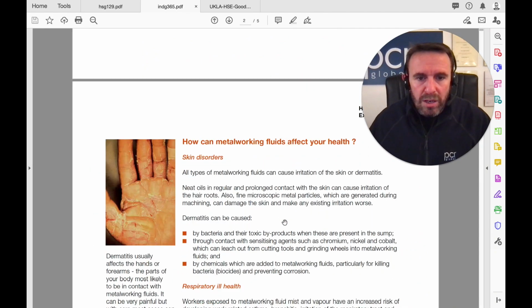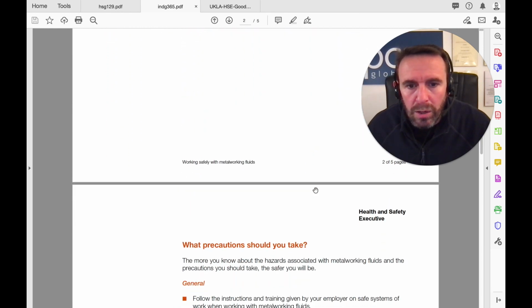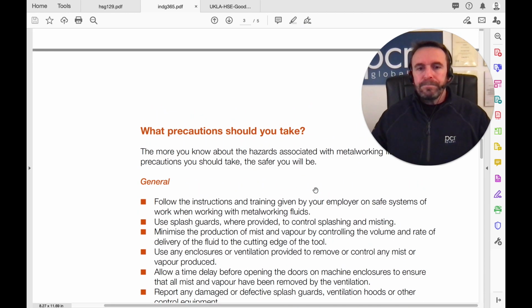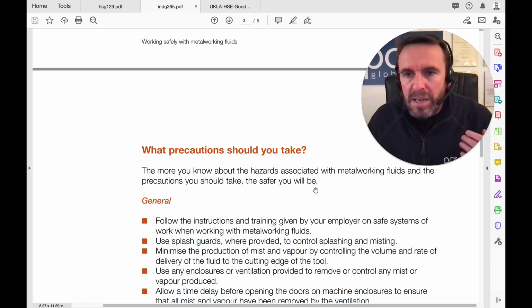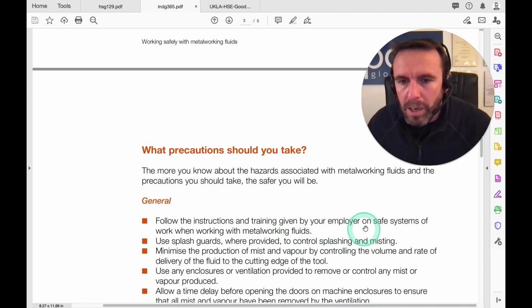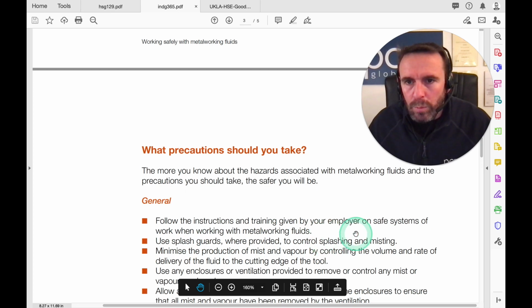Here we're talking skin disorders, but also respiratory ill health, which are the main things we're looking at. It talks about precautions. So this is me as an employee. This is what should be available to me. I should be following the instruction and training given by my employer on safe systems of work when working with metalworking fluids.